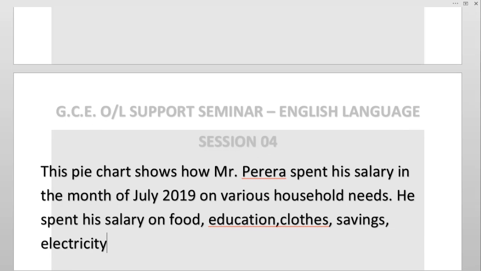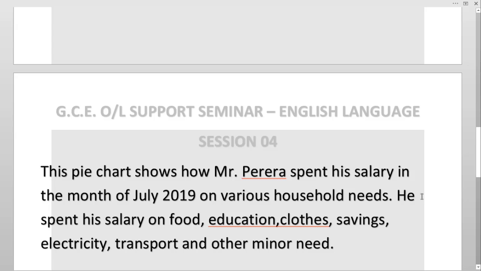And other minor needs. I will say minor, the reason is because, my dear children, if it is a major need, it will be stated by Mr. Pereira, right? So this is my first paragraph.